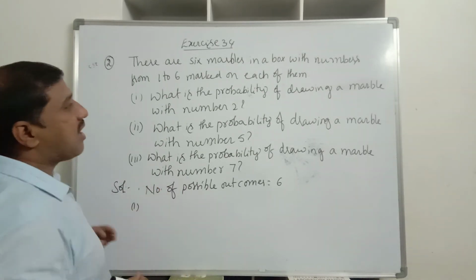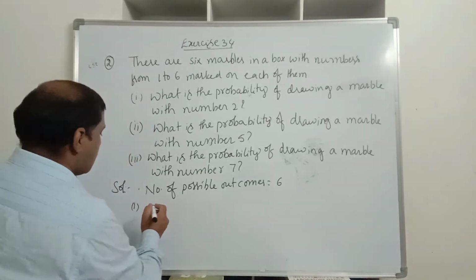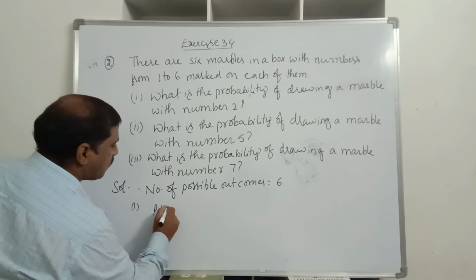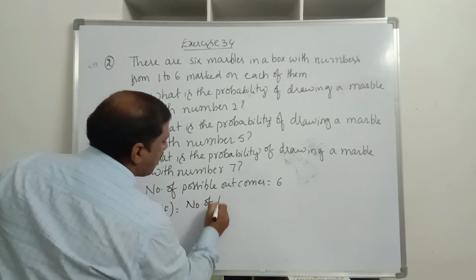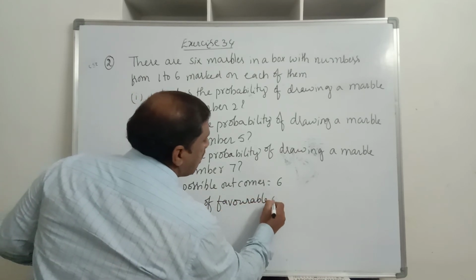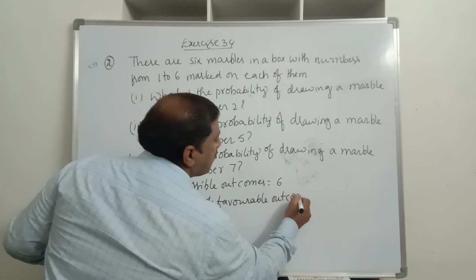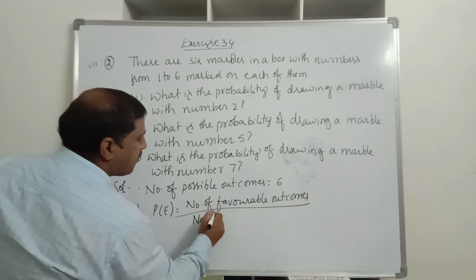Now what is the first question? Find the probability of drawing a marble with number 2. P of E is equal to, what is the formula? The number of favorable outcomes of that event divided by the number of all possible outcomes.